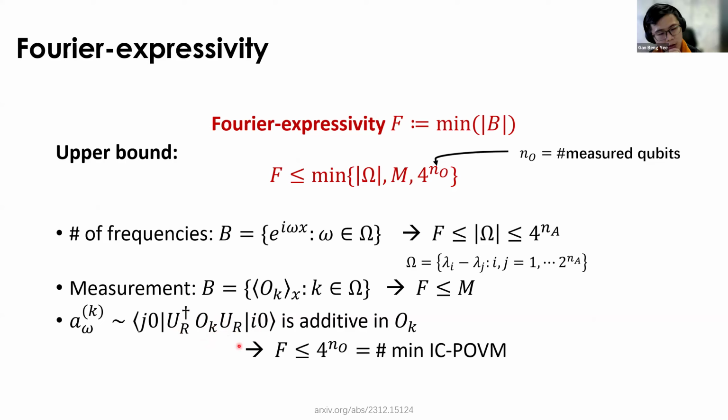The observable is a Pauli string on the accessible qubits, tensor identity on the hidden qubits. For the hidden qubits, you get the scalar product between zero and zero. And for the accessible space, if this is identity, it's just bra i, a Pauli string, ket i.